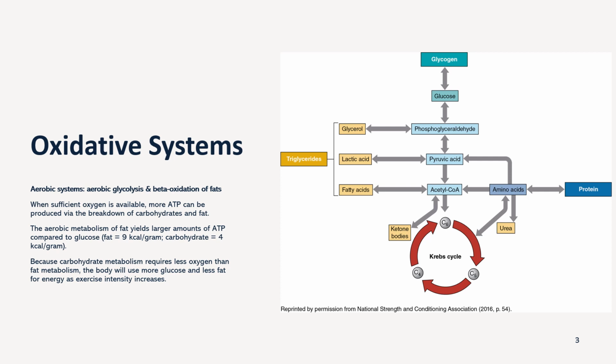Then comes the citric acid cycle, or Krebs cycle, and oxidative phosphorylation. So acetyl-CoA enters the citric acid cycle, where it is further oxidized to produce NADH, FADH2, and ATP. The generated NADH and FADH2 then donate their electrons to the electron transport chain, which leads to ATP production through oxidative phosphorylation.